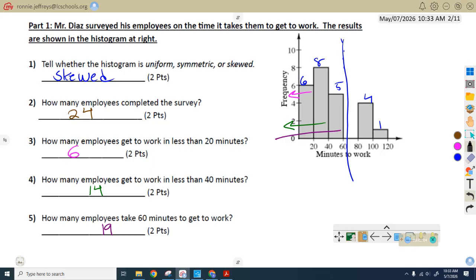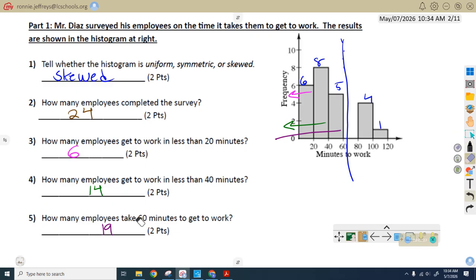All right. Any questions on this? Anybody need more time? Yes. Say it again a little bit louder. Oh, just the ones that take 60 minutes. That's good.